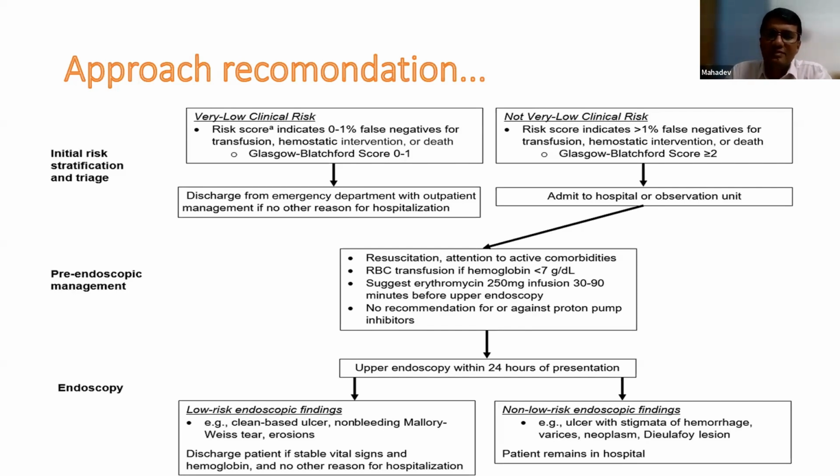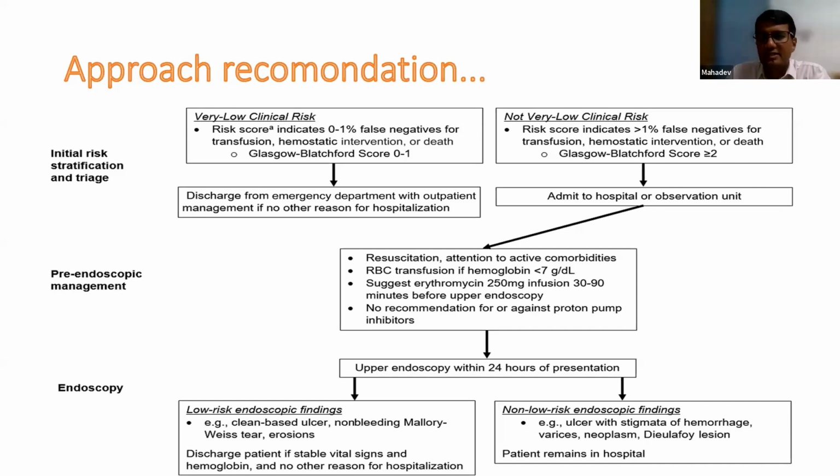You can observe and counsel the patient, discharge them from the emergency department, and ask them to come to the outpatient clinic for further workup. If the score is 2 or more, then there is more than 1% risk of severe bleed, so we have to admit the patient to the hospital and observe them.